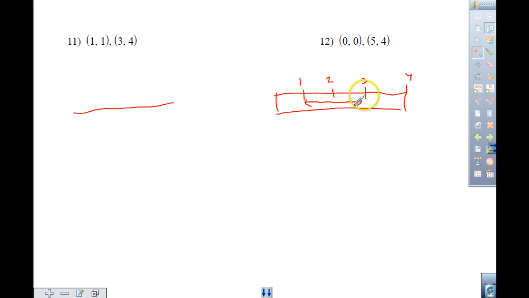How far is it from 1 to 3? It's 2 inches, right? And how can you get the number 2 using a 1 and a 3? Yeah, 3 minus 1 is 2. So you can find out how far apart two numbers are by subtracting.